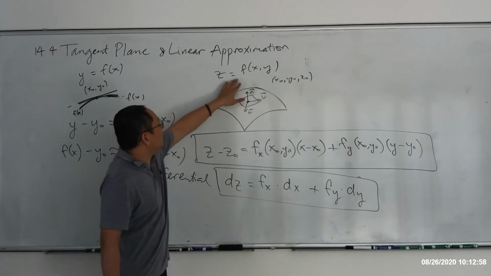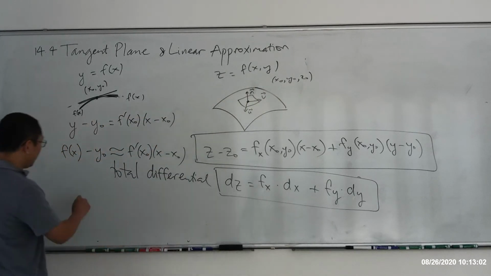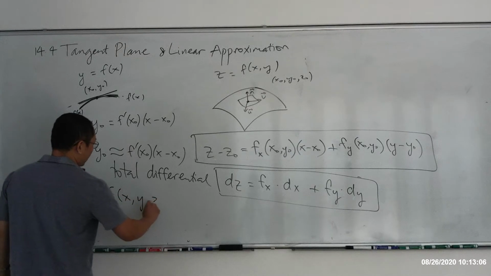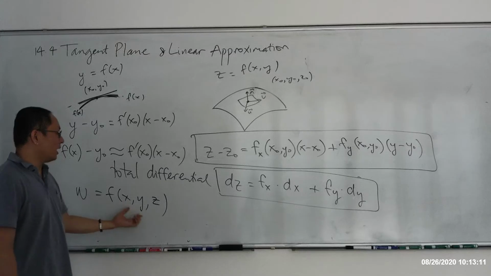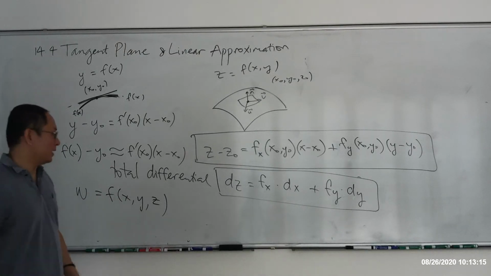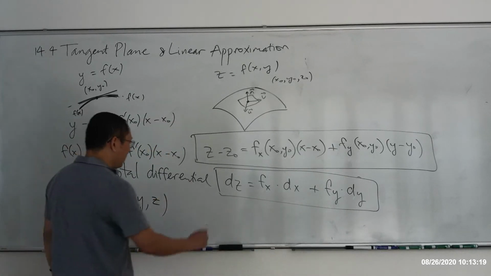Instead of having z equal to f of x, y, which is a function of two variables, say you got w is equal to f of x, y, and z, and this is a function of three variables, x, y, z. Now I cannot draw anymore because we have four-dimensional space, but we can carry over all the things that we learned right here.